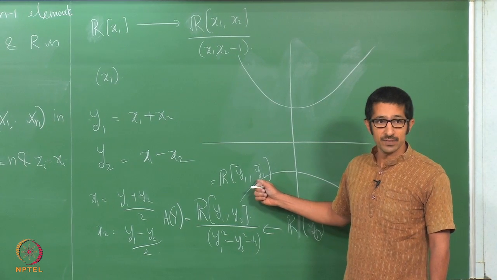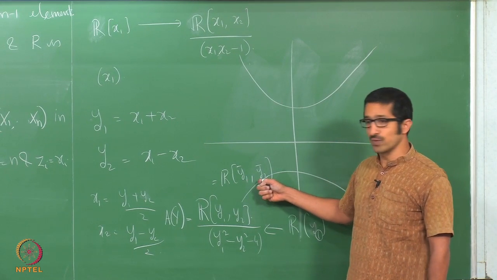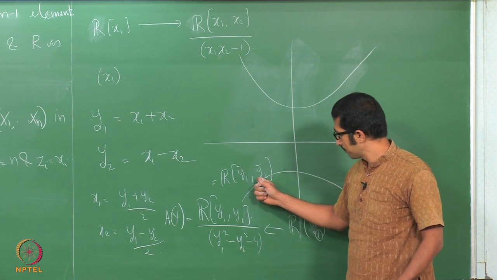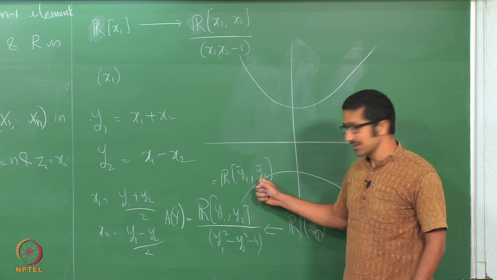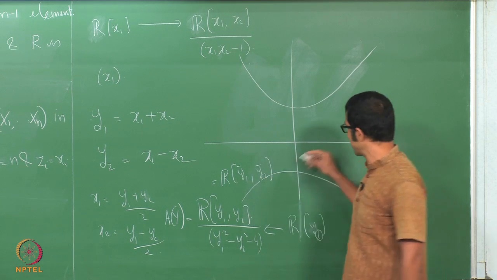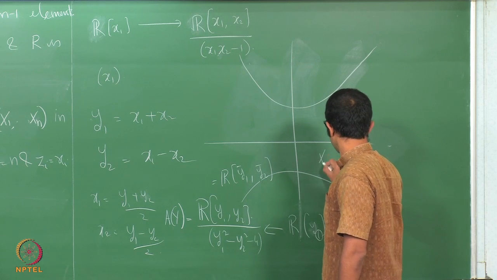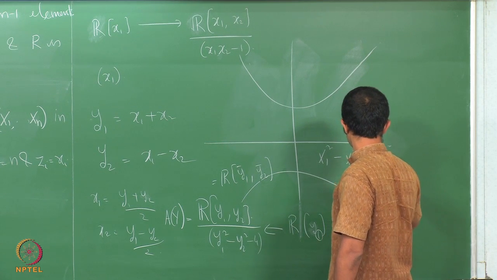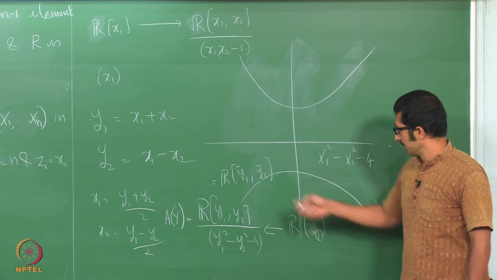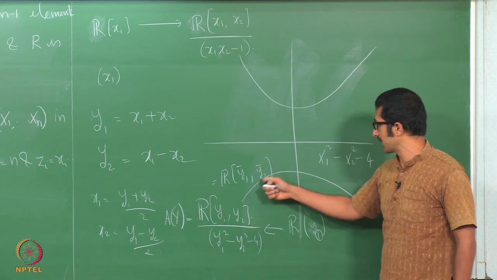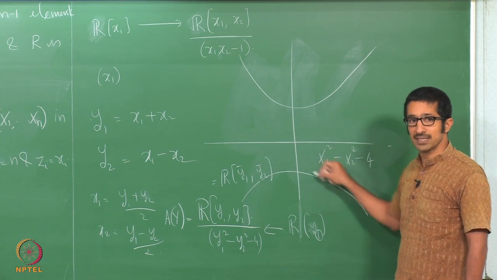What is that? y 1 square minus y 2 square is 4. Therefore, these two are not algebraically independent. If I take the polynomial x 1 square minus x 2 square minus 4 and put x 1 equal to y 1 bar and x 2 equal to y 2 bar, this becomes 0.